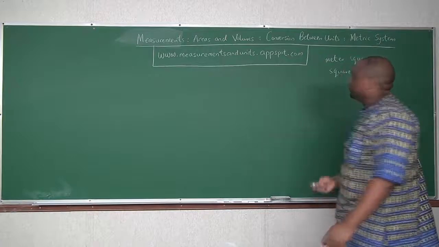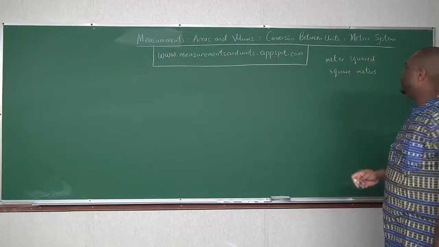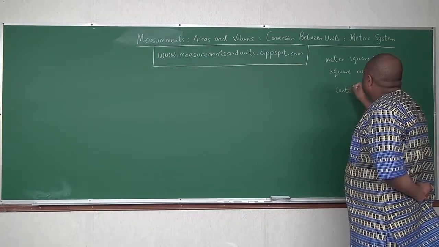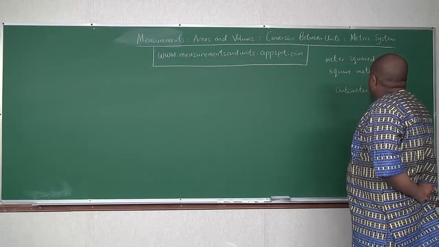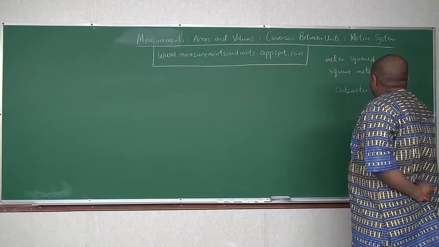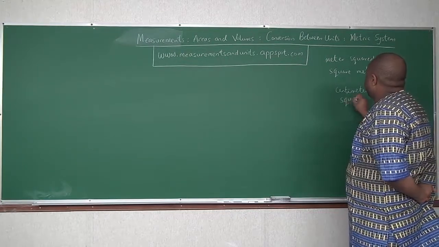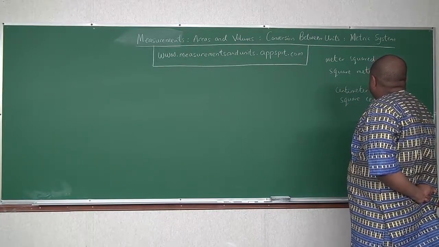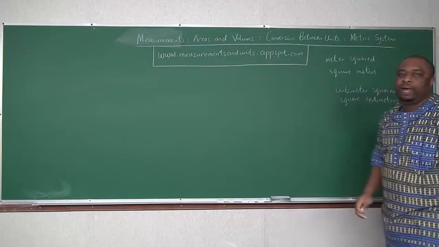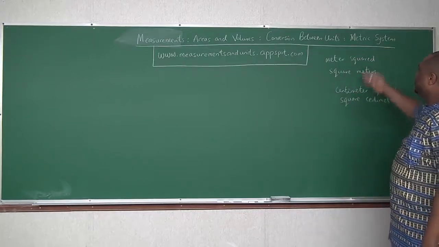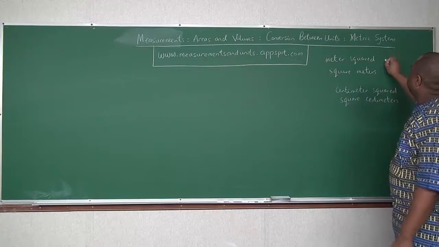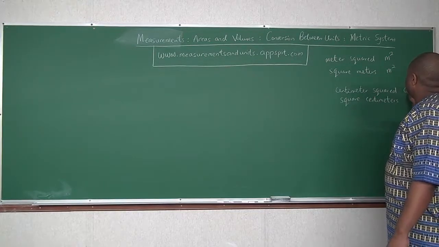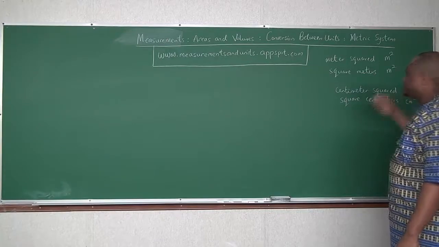It means the same thing. Some textbooks will write centimeters squared, or you can say square centimeters. It means the same thing. This is for area: meter squared, m squared, means the same thing. This is cm squared, centimeter squared. It means the same thing.